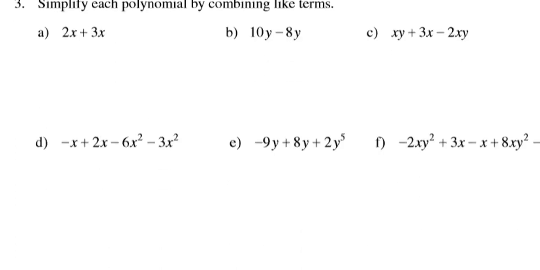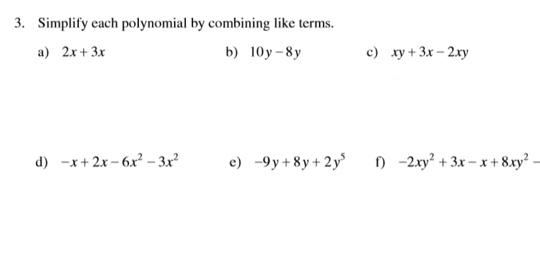They want us to simplify each polynomial by combining like terms. So a quick review of like terms would be something that has the same variables.